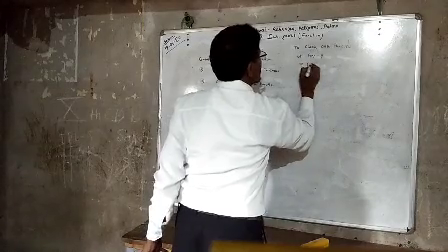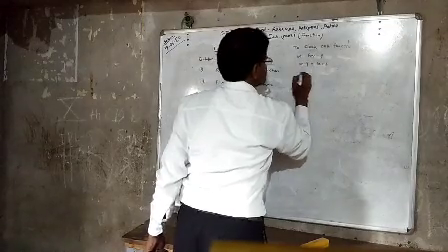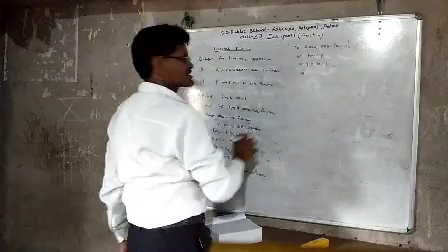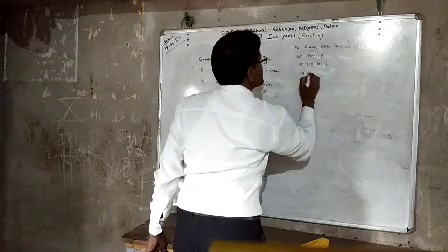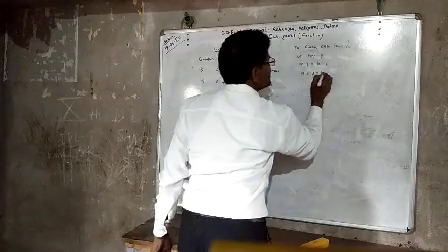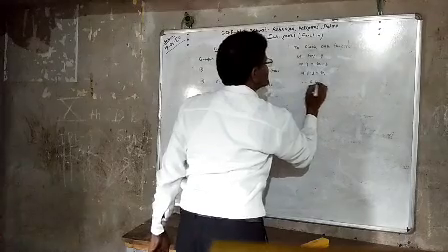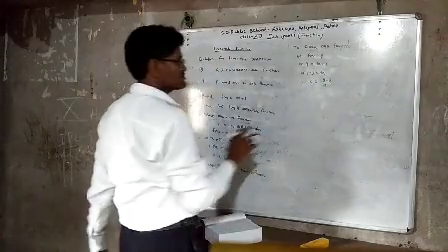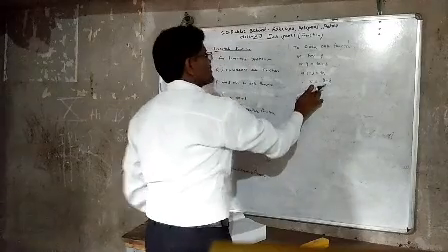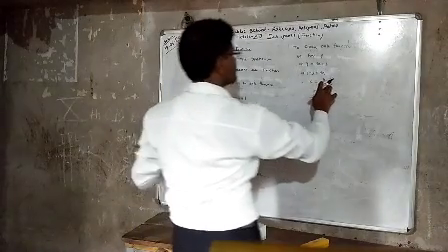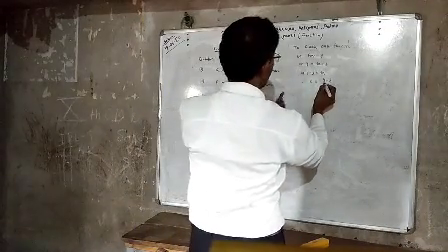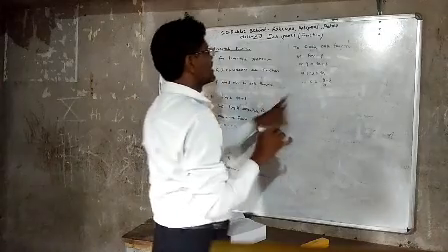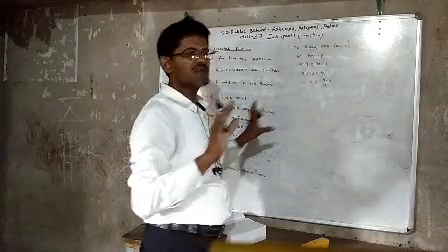This implies y = 4x + 3. So y minus 3 is equal to 4x, and then x is equal to (y minus 3) by 4. Now, for every real value of y, y minus 3 is real and (y minus 3) by 4 is also real.